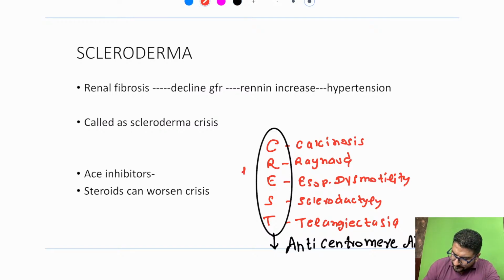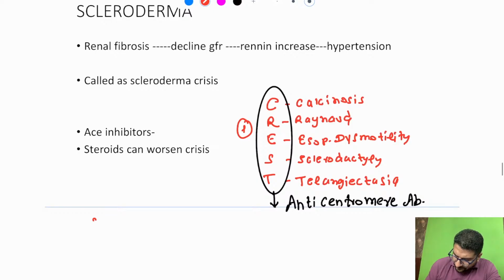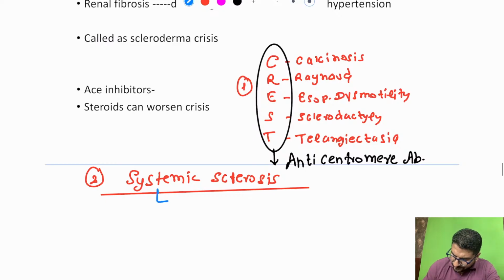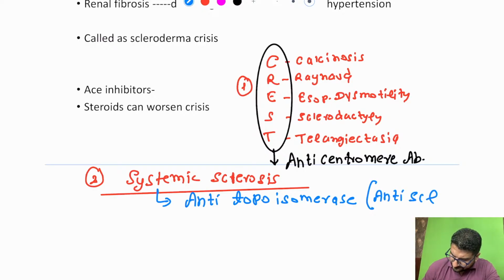So this is the first form, CREST syndrome, and the second form is called systemic sclerosis. So understand, in systemic sclerosis you will find antibodies. These antibodies are anti-topoisomerase. We also call this anti-SCL70.